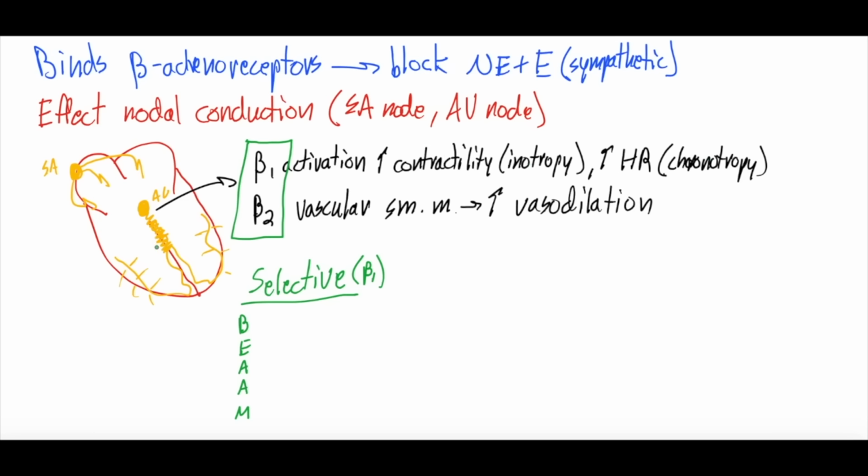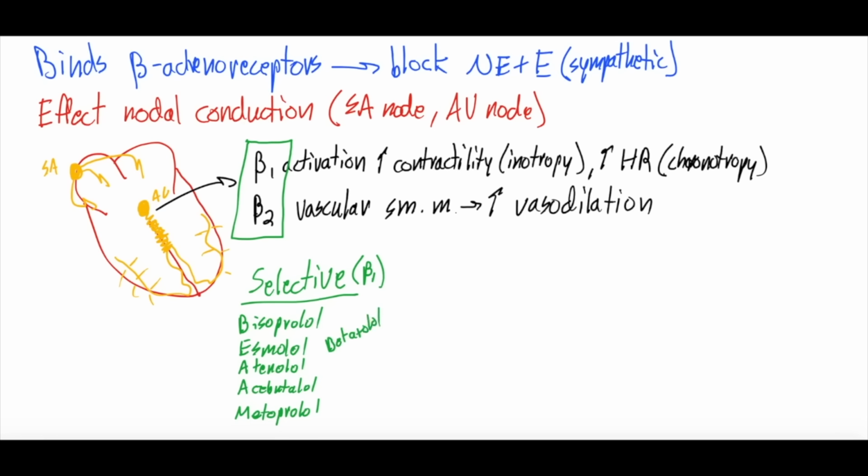And BEAM stands for bisoprolol, esmolol, atenolol, acebutolol, butalol, and metoprolol. There is also one that I personally have never used called betaxolol that is selective as well.